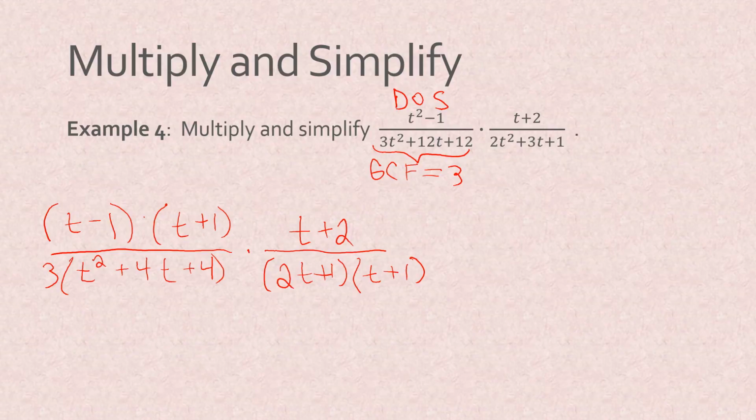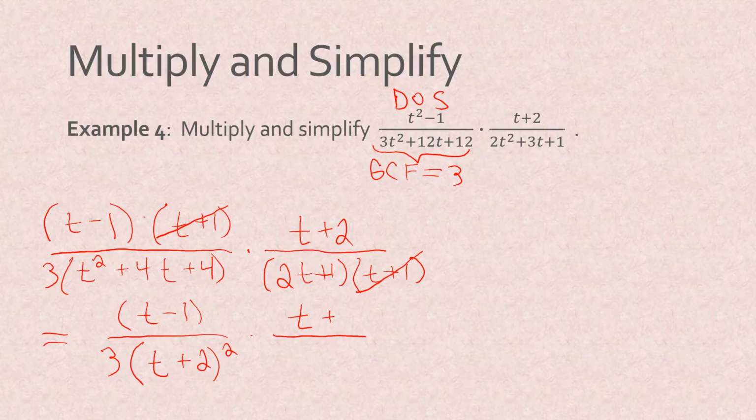We can already see that a t plus 1 factor from the denominator of the second fraction is going to cancel with the t plus 1 from the numerator of the first fraction. But in addition to that, the t squared plus 4t plus 4 in the first fraction's denominator is a perfect square trinomial and therefore can factor into t plus 2 quantity squared.